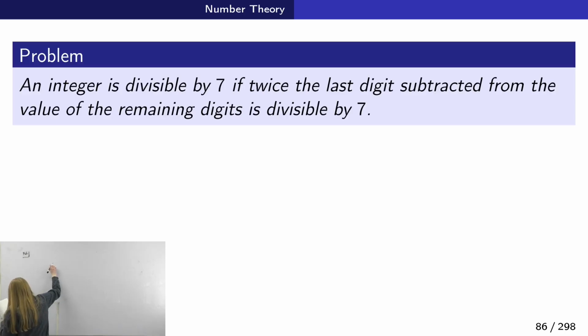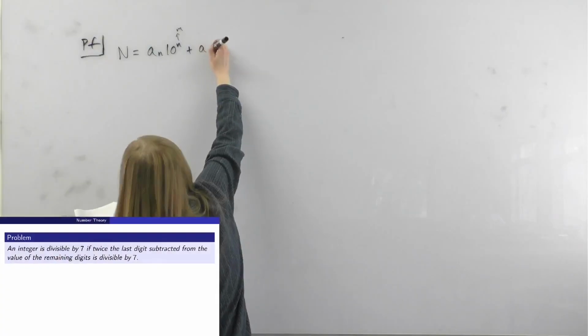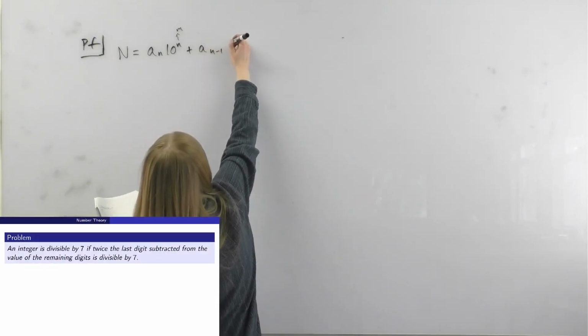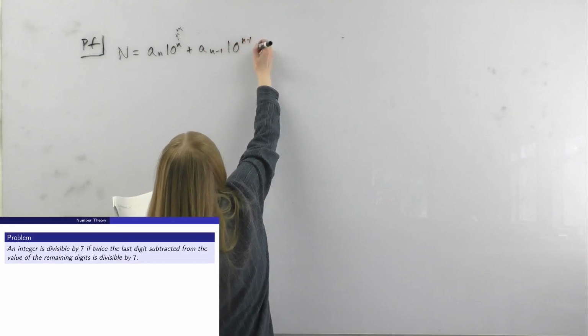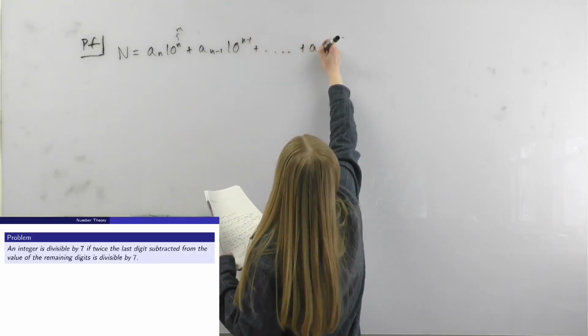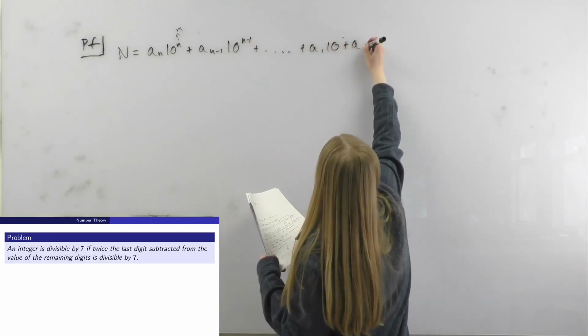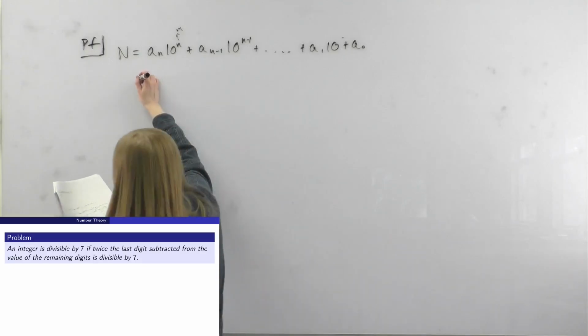Okay, 7 is where things get a little dicey. So let's just start with our number. Let n equal an times 10 to the n. Sorry for the change. This is the same as m. I did these notes at different times. So an minus 1 times 10 to the n minus 1 plus dot, dot, dot, plus a1 times 10 plus a0. Okay.